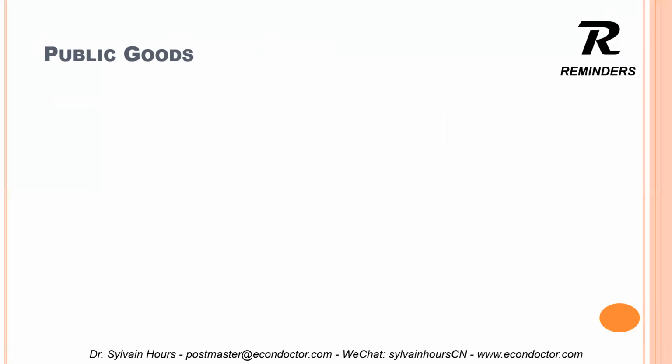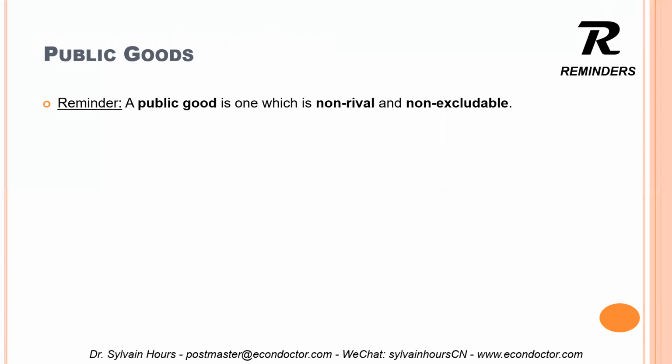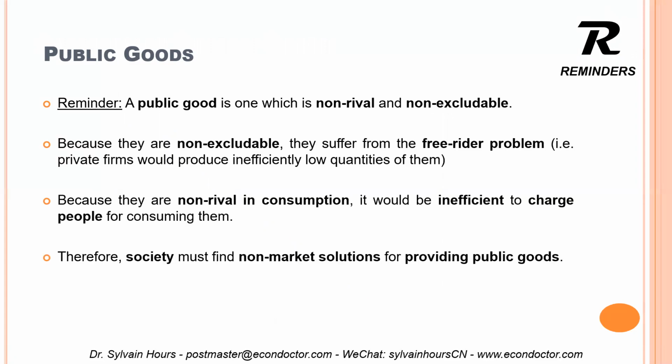What can we do to fix this market failure? So let's summarize the problem we have. Because they are non-excludable, they suffer from the free rider problem. Because they are non-rival, it would be inefficient to charge people for consuming them. So the free market is not going to provide public goods in sufficient quantity.